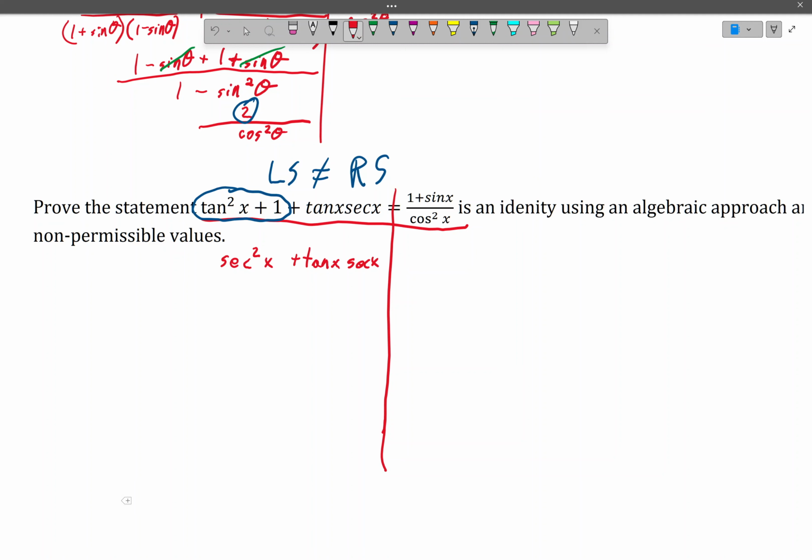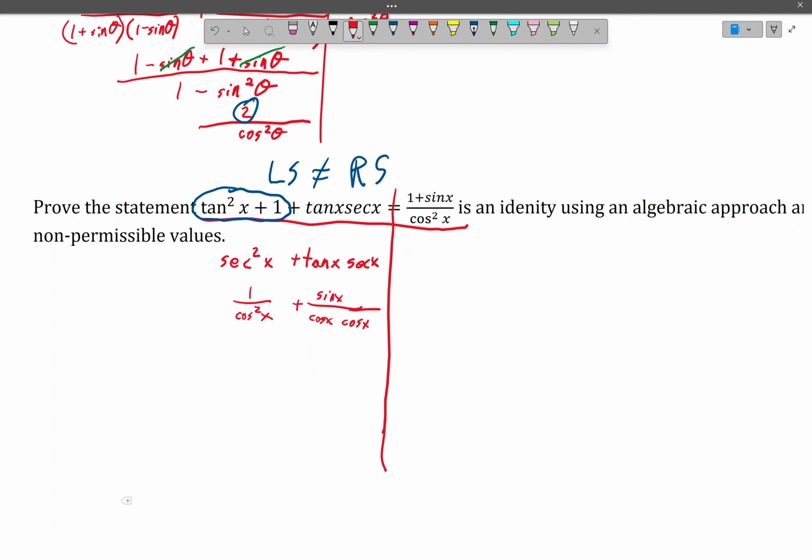On the right side, I don't really think I want to touch that yet. It might be useful, but I don't know yet. What we're going to do is change all of this into sine and cos. So we're going to go 1 over cos squared x plus sine x over cos x for the tan, but the secant is also there, which is another cos x, which eventually will make both of those squared.